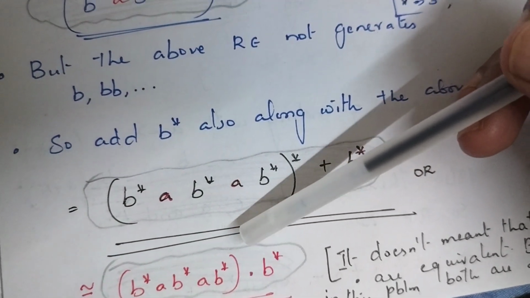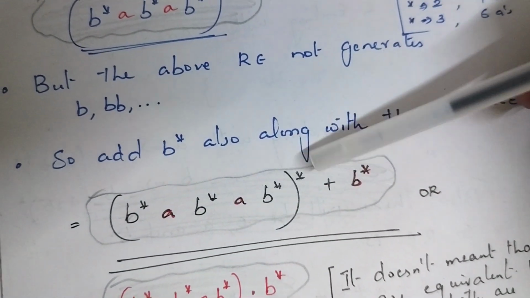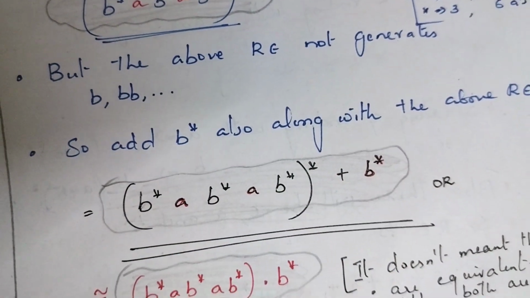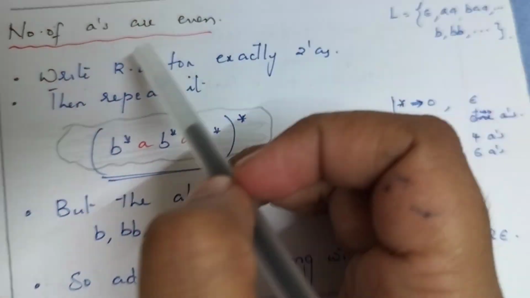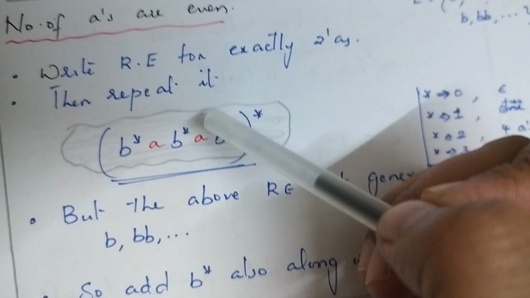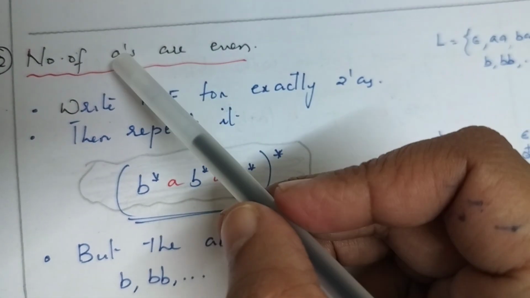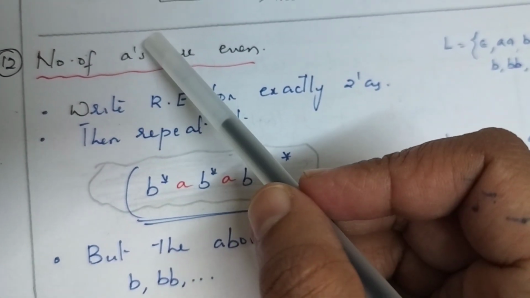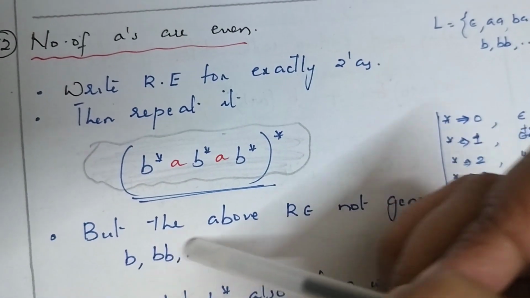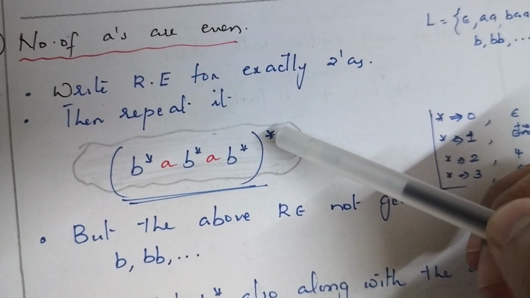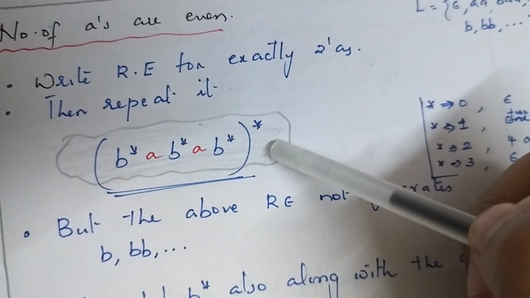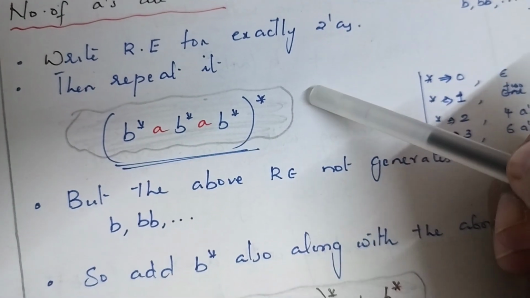This doesn't mean that plus and dot are equal; for this particular problem this is okay. So if we take this regular expression, we are taking the restriction on a only, not on b. In this language these types of strings are also possible, and they will not be generated by this particular regular expression. So we are adding a b star also along with this regular expression.